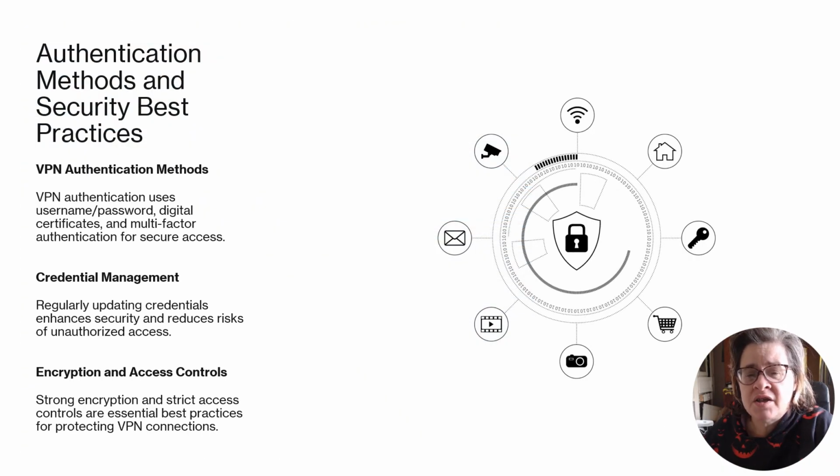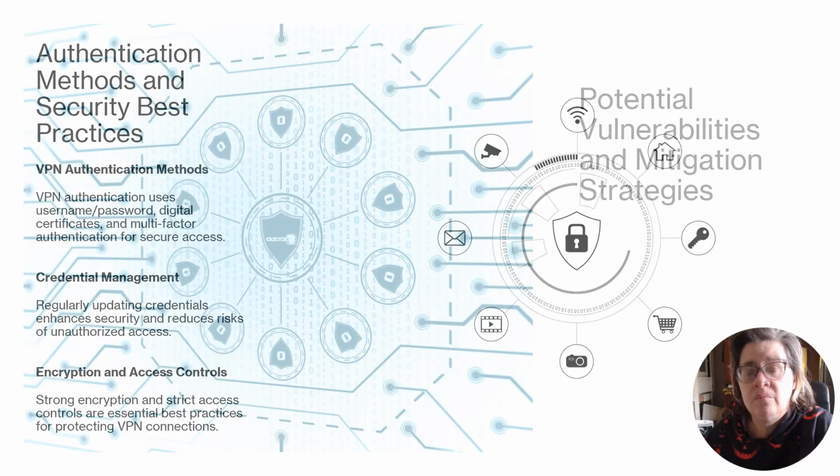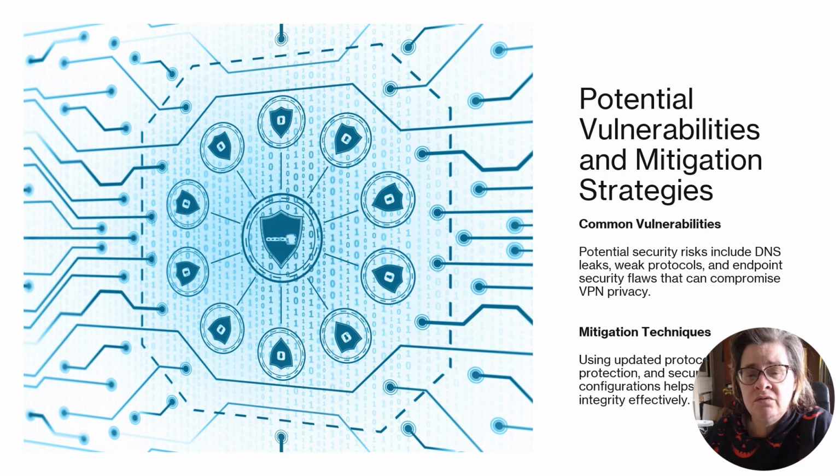VPN authentication methods include username and password, certificates, and multi-factor authentication. Best practices involve regularly updating credentials, using strong encryption, and applying strict access controls. Potential risks include DNS leaks, weak protocols, and endpoint security flaws.